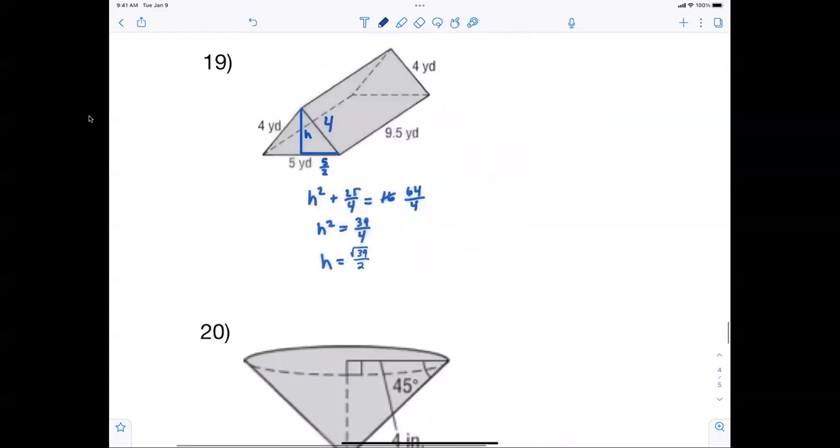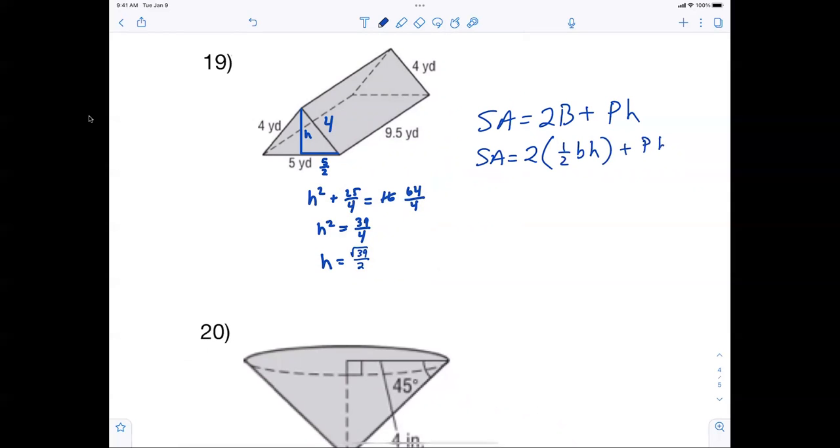All right, so now let's do surface area formula. Surface area is equal to what? 2b plus the perimeter times the height. Thank you very much. So now surface area equals 2 times 1/2 times little b times little h plus perimeter times the height. So what can I do with the 2 and the 1/2, guys? Save myself some time. Cross them out. So what's the base of the triangle, please? What's the height of the triangle? 39. And then what's the perimeter of the triangle? 13.